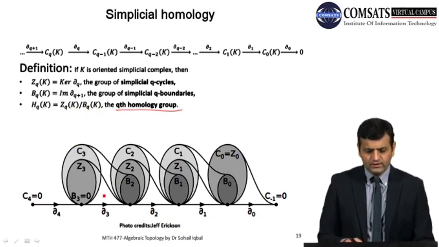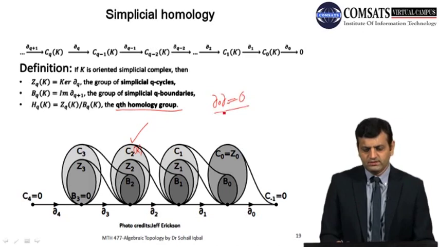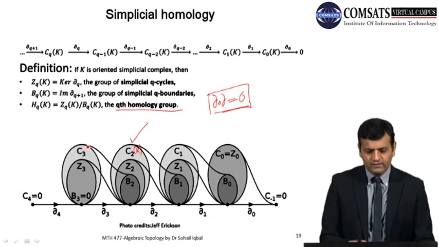In particular let's take this C_2 of K. According to the condition that the composition of any two consecutive boundary maps is 0, if I start from elements of C_3, then I will arrive at these B_2 elements, which are basically the simplicial 2-boundaries inside C_2, and these B_2 are the images of each and every element of C_3.